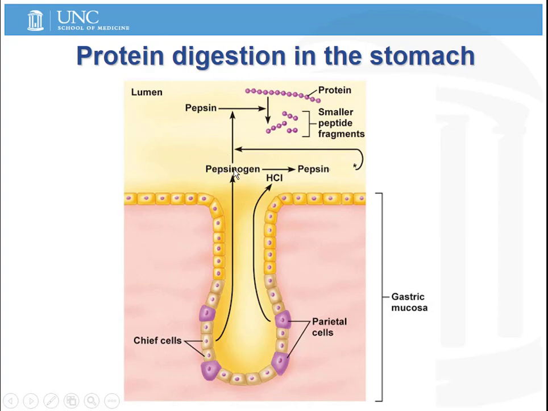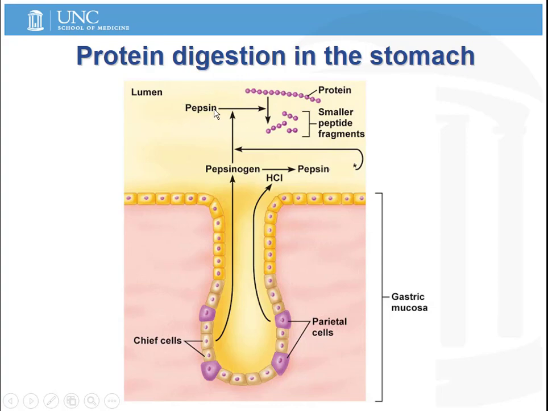So pepsinogen in the presence of acid cleaves itself, becoming pepsin, and that pepsin is an endopeptidase that preferentially cleaves proteins at neutral amino acids and converts large peptides into smaller oligopeptides.